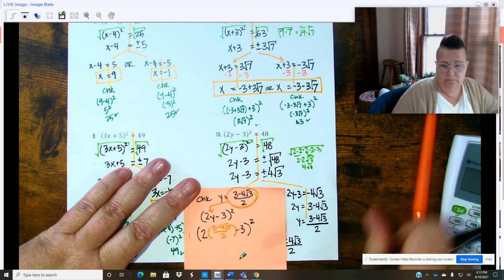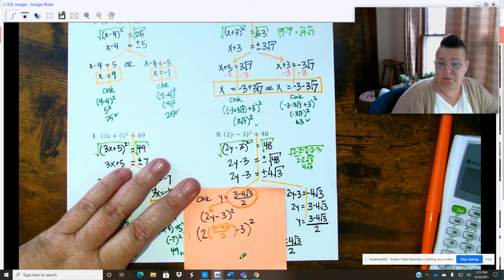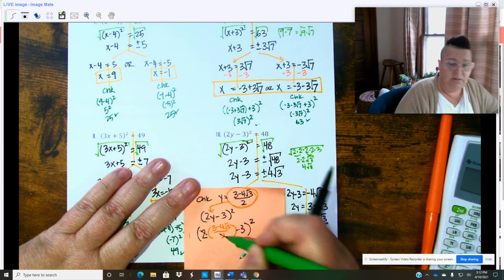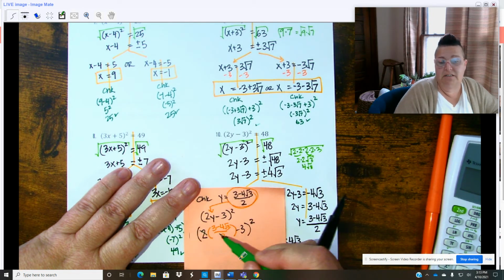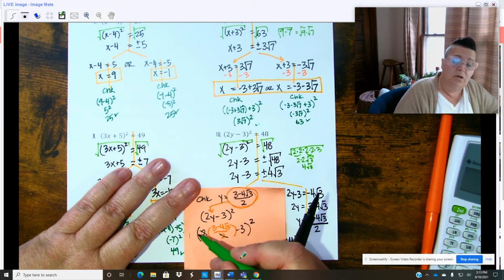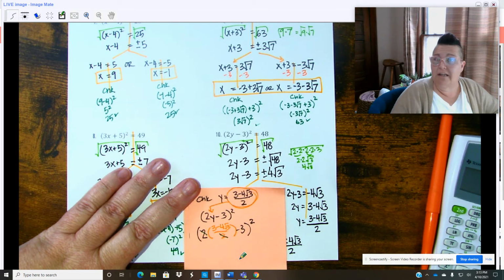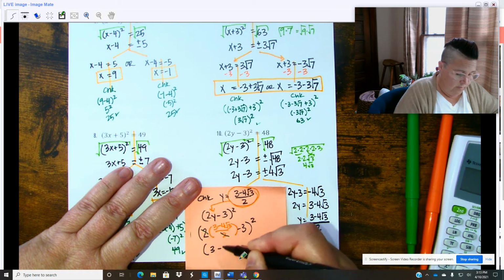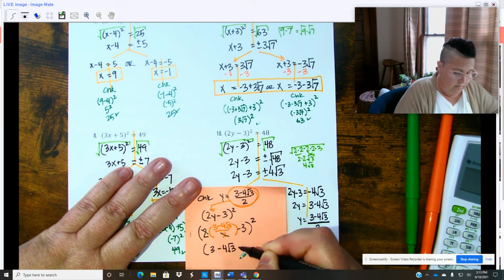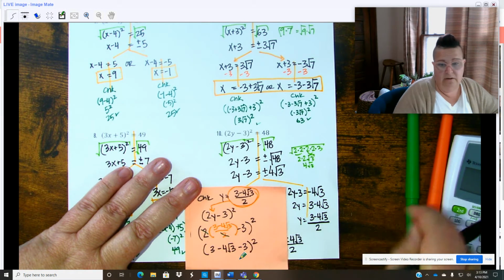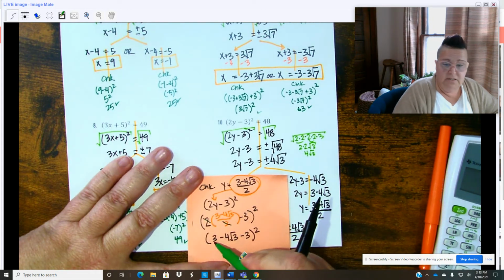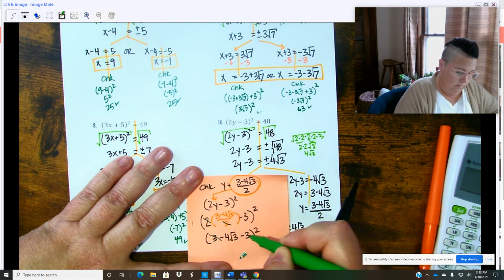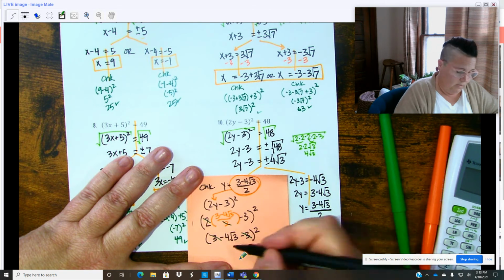Look at my 2's. It's the same situation as before. This 2 and this 2 are going to cancel because that's multiplying by 2 and that's dividing by 2. Multiplication and division are inverse operations. They cancel each other out. So in parentheses, I'm now going to have 3 minus 4 square roots of 3 minus 3, squared. This 3 and the minus 3 zero each other out.